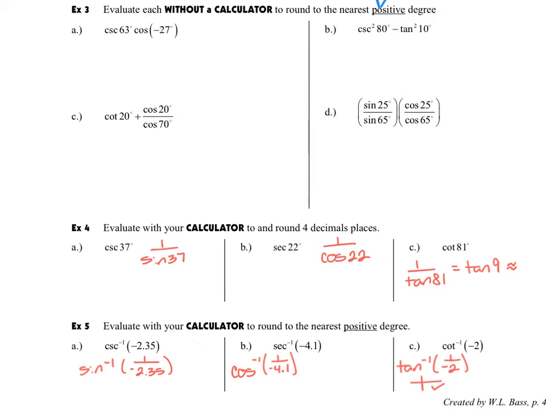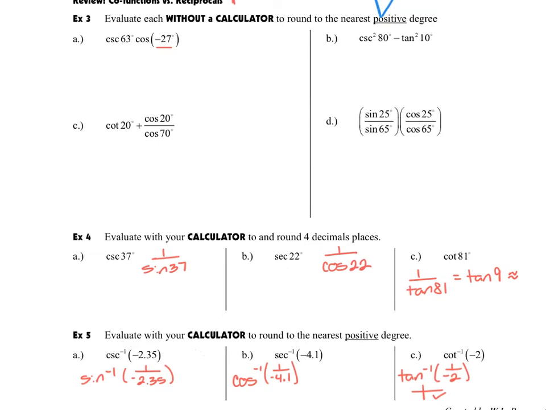So on example 3a, the first thing that we're going to call our attention to is this cosine of a negative 27. Remember, since cosine is an even function, we can change that negative 27 to a positive 27. Now, using our complementary cofunctions, we can choose to change one of the angles to its complement.